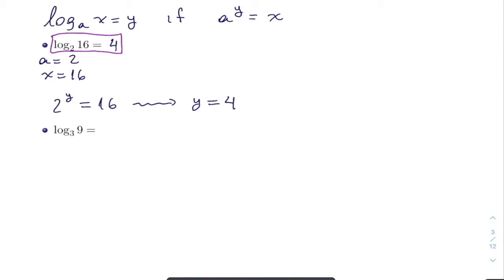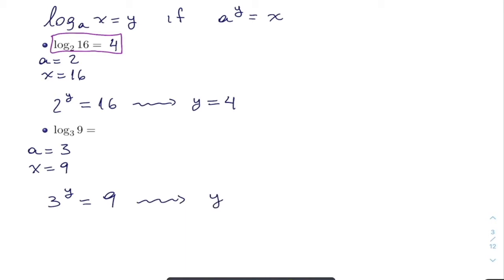Let's see the second example. In the second example, we need to find the logarithm with base 3 of 9. So in this case, a is equal to 3 and x is equal to 9. So we have to find which y, 3 to the power y, is equal to 9.